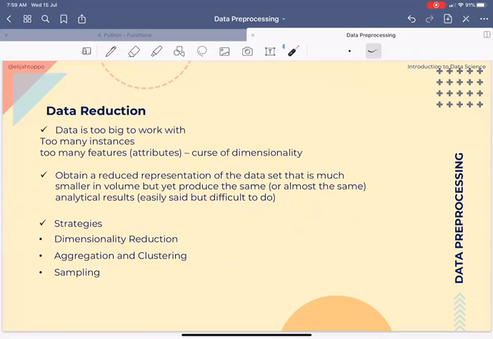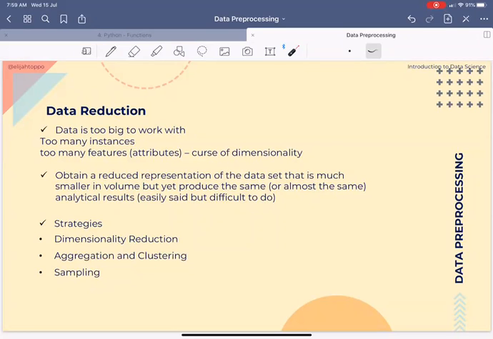There are multiple strategies for data reduction. Two strategies would be dimensionality reduction, that is, we try to reduce the dimensions. If the data has maybe 70 features, we'll try to reduce that number of features to maybe 10 features, 5 features, and so on. We also have aggregation or clustering.